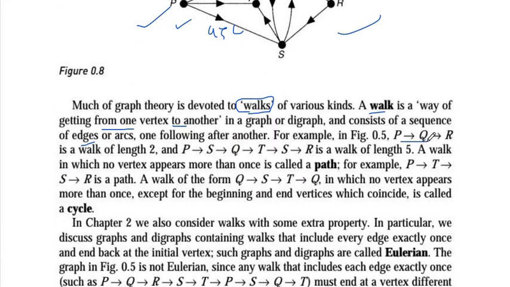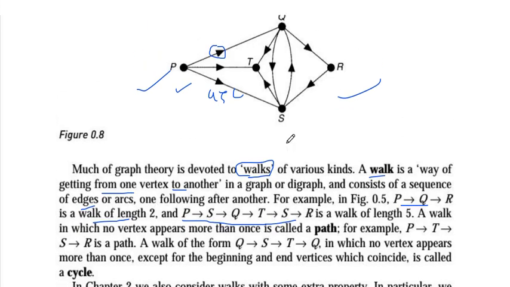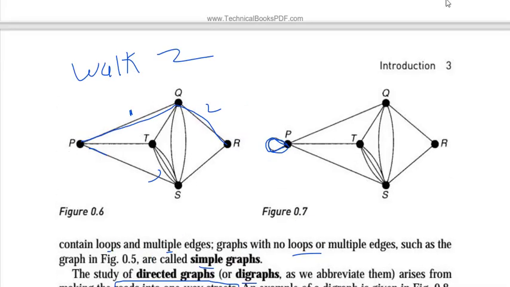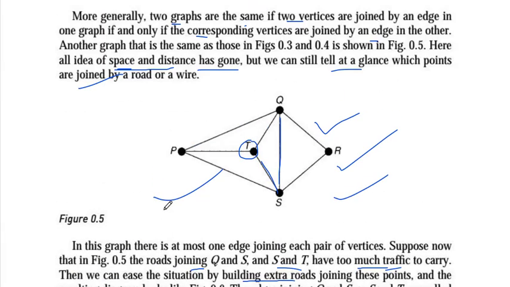Yes, PQR is a walk of length 2. Again, they have given P, S, Q, T, S and R. This is also a walk, and how long is it? This has a multiple edge.